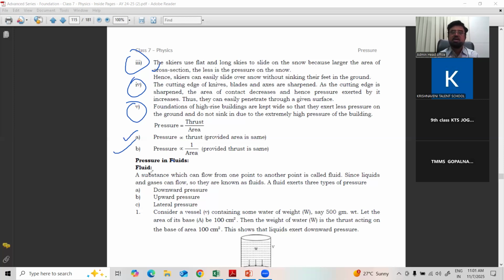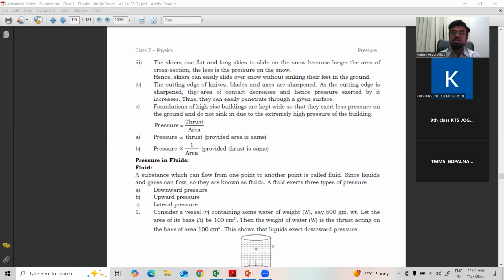Anyway, the pressure and area are the main reason for the increase or decrease of pressure, where we can see five important applications in our day-to-day life, what we commonly observe. The feet of the camel are very wide. That is the reason it walks easily over a desert. It is not possible with a horse or dog or human being.